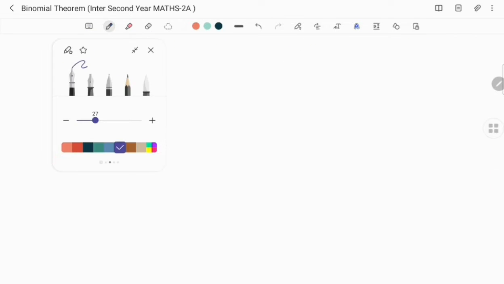What is the statement of binomial theorem? The statement, from here the real binomial theorem starts.